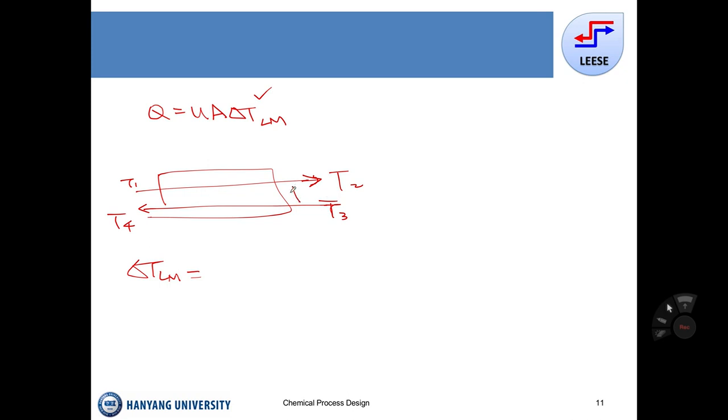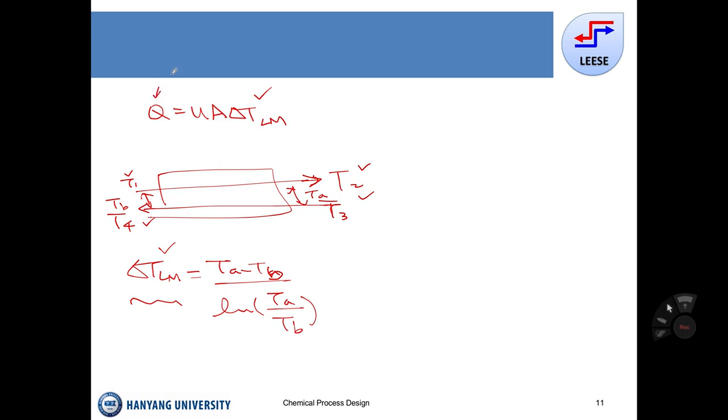So this is TA. Let's say this is TB. Then TA minus TB over log of TA over TB. So based on the 4 temperatures, we have the log mean temperature, okay?